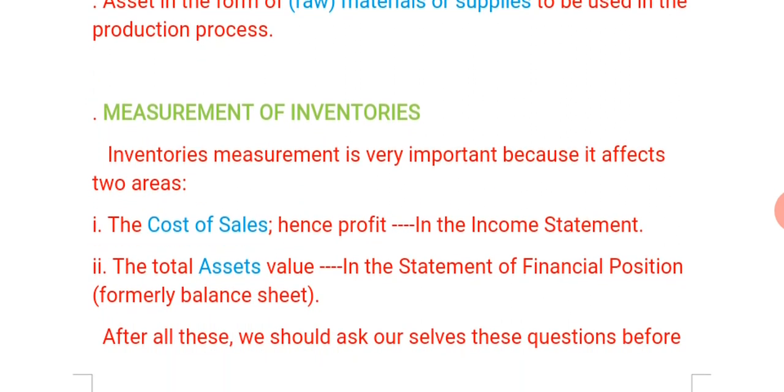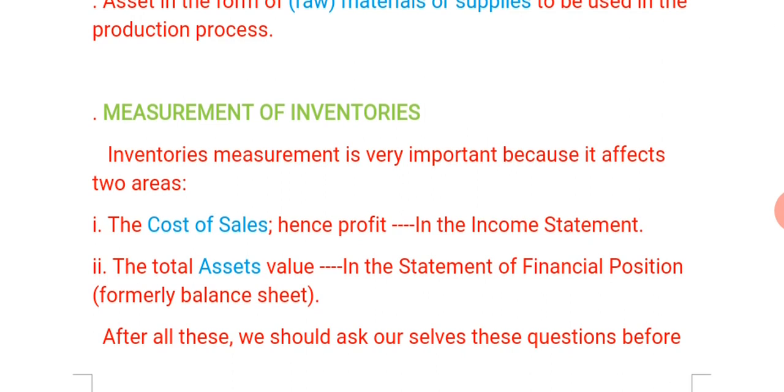The second here is the total asset value. So I skipped something in the first one. The first one, cost of sales: obviously cost of sales is an expense, so it would reduce your profit. If cost of sales increases, it would reduce the amount you can have as profit.